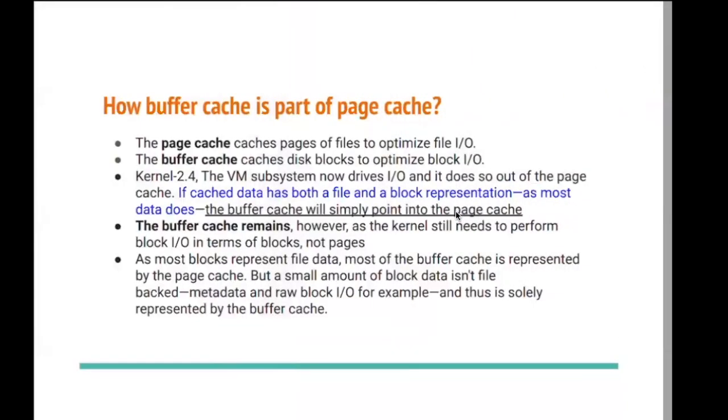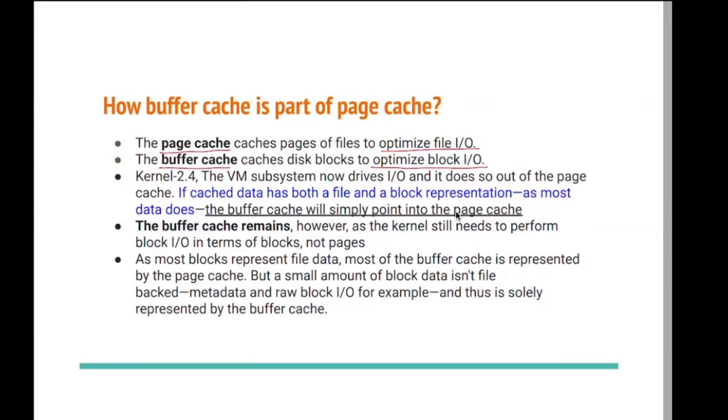So let's go through it again. The page cache is for optimizing file IO. If I want to do some read or write inside a file, then we have to go through the page cache. If I want to do some block IO operations on the block device, then at that time we go through the buffer cache. And these buffer caches can also be represented in the file system with the page cache. The same thing I am mentioning here.